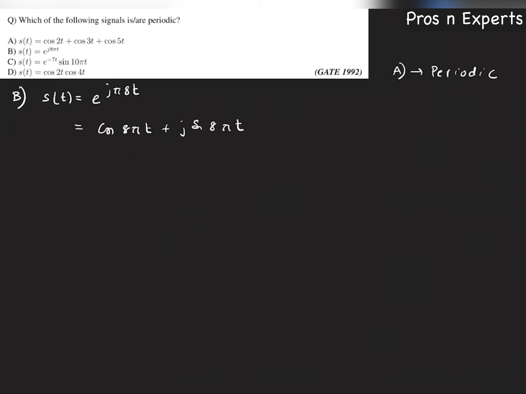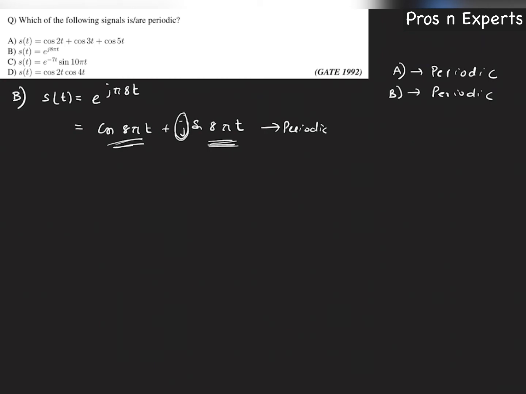This is also a sum of sinusoids. You don't have to care about an amplitude here. This is a constant, not a function of t. This is an amplitude. So both the terms contain pi. So this is also periodic. So we can write B is also periodic.